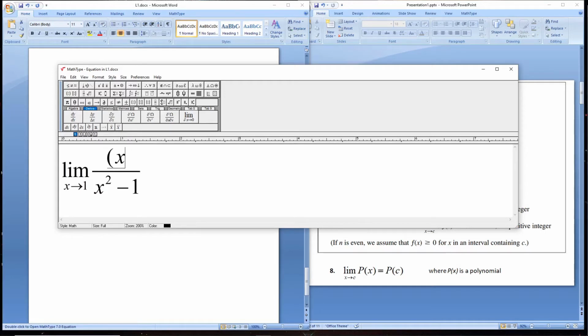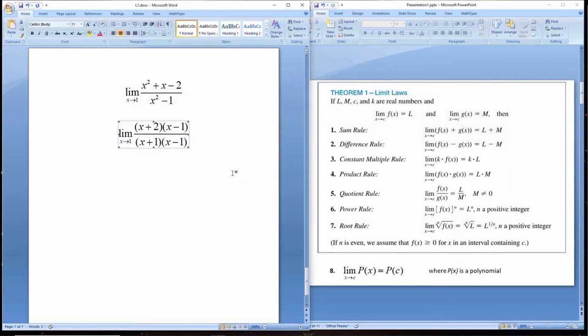And on the bottom, another difference in squares, x squared minus 1. And there we go. So all we did was factor these quadratics. And we can see now an x minus 1 will cancel.